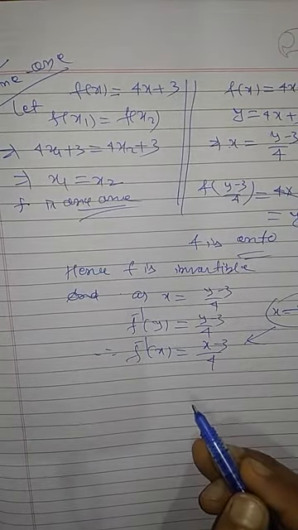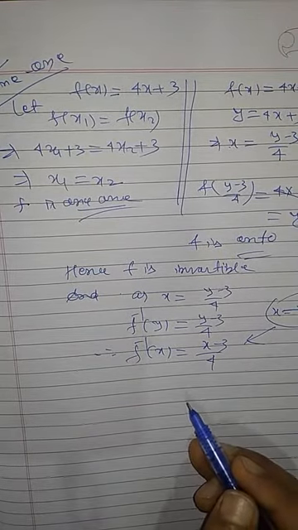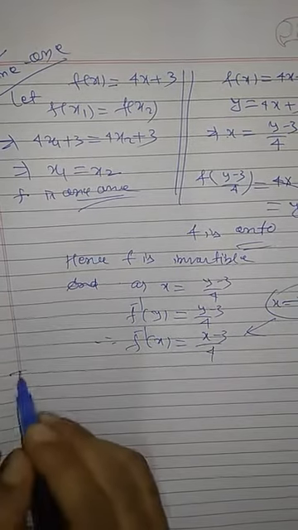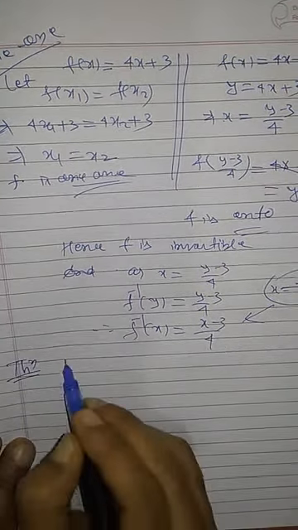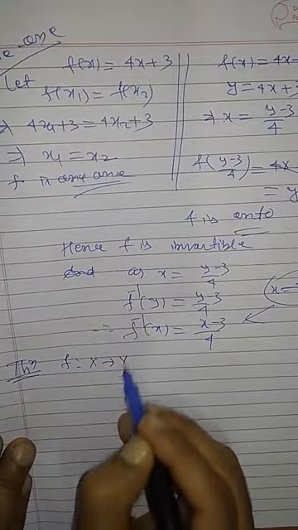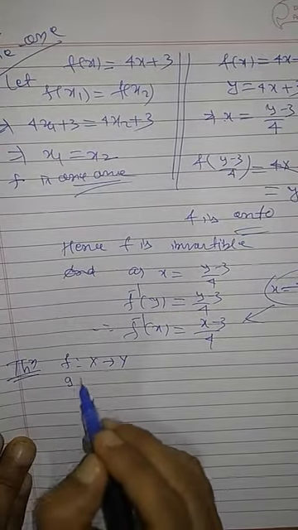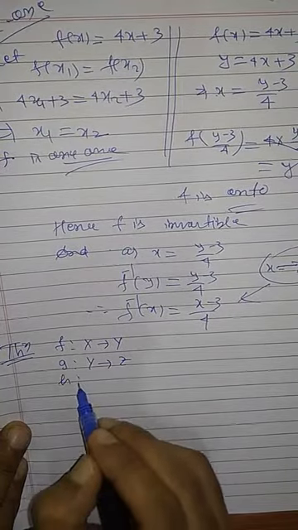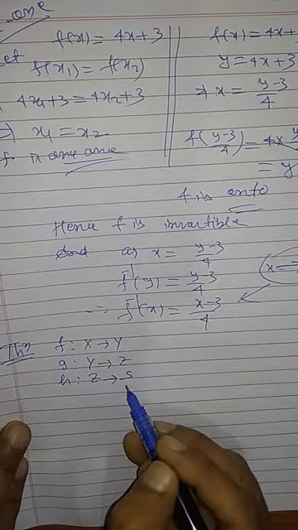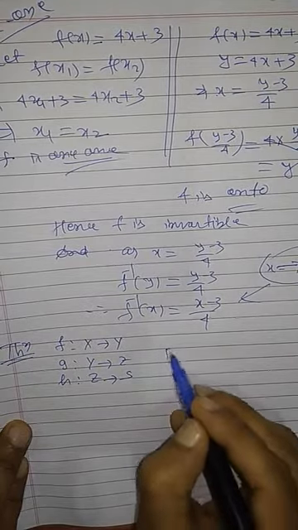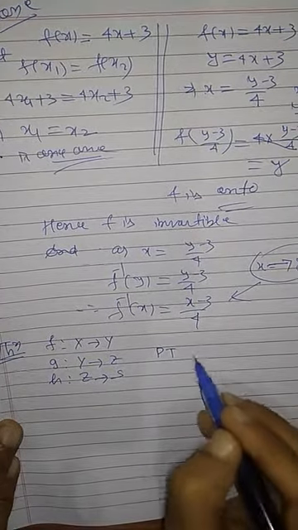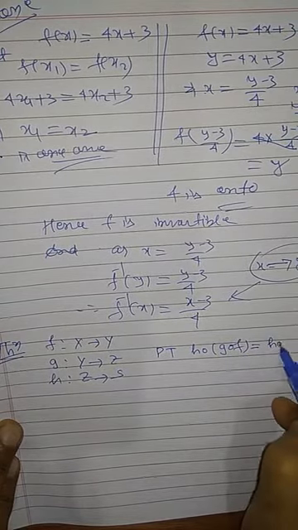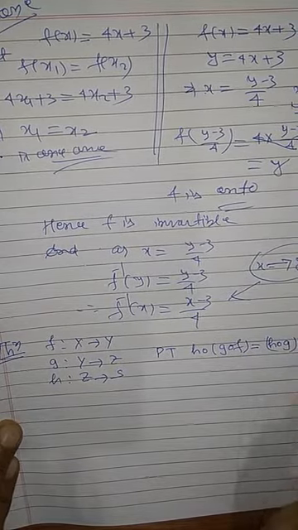Now we will discuss one theorem related to this inverse function. Theorem: f such that X to Y, g such that Y to Z, h such that Z to S. We have to prove that h o (g o f) is equal to (h o g) o f.